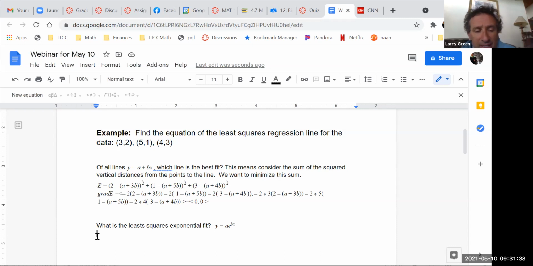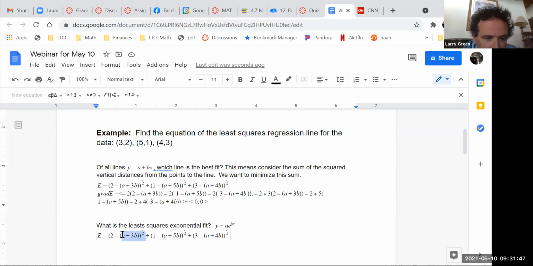And then I do the same idea. Except now, instead of 2 minus a plus 3b squared, I'm going to do 2 minus a e to the b times x. And x was 3. So 3x, 3b squared.